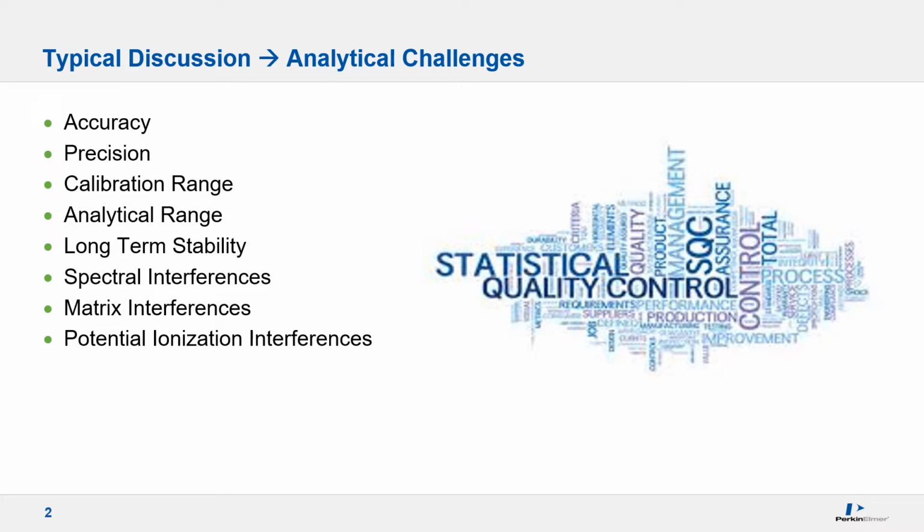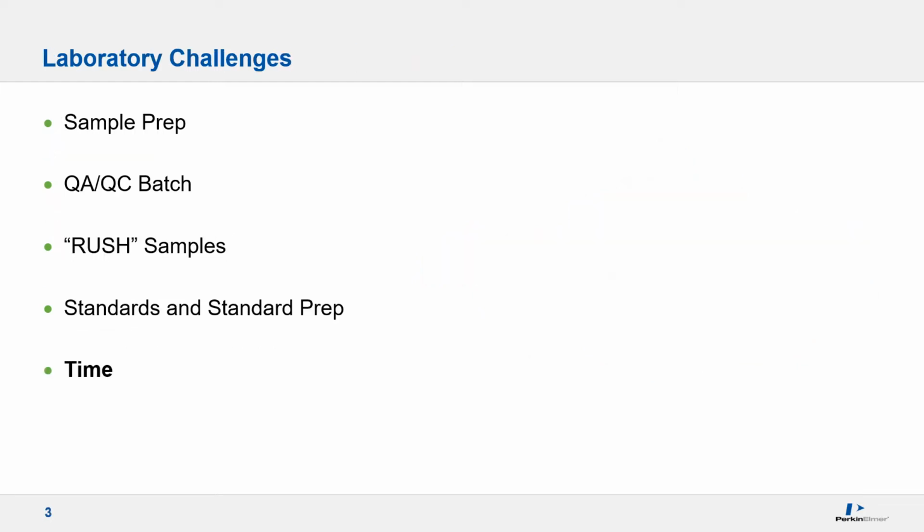There will also be some laboratory challenges that we need to review. So laboratory challenges such as sample preparation, quality control, how to deal with rush samples, standards and standard preparation, also time, the time to get the samples run and the results reported to your customer.